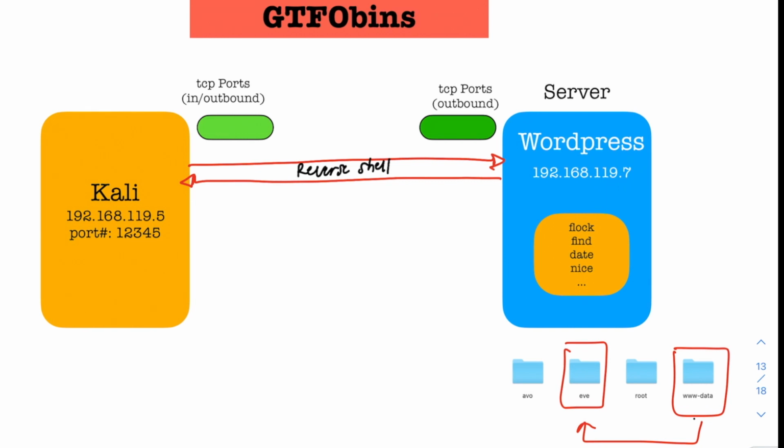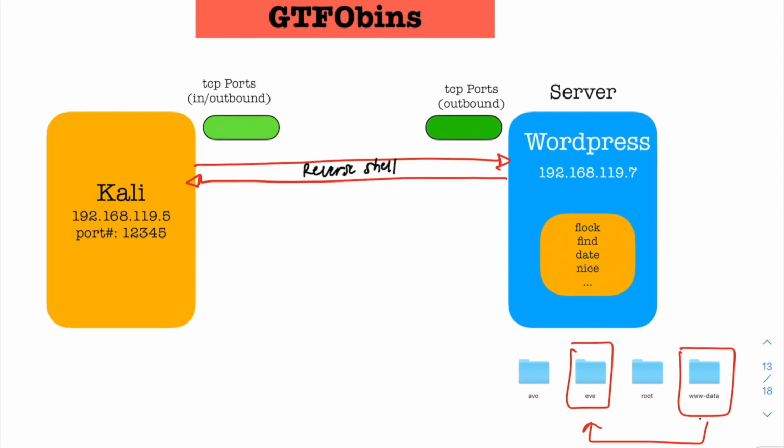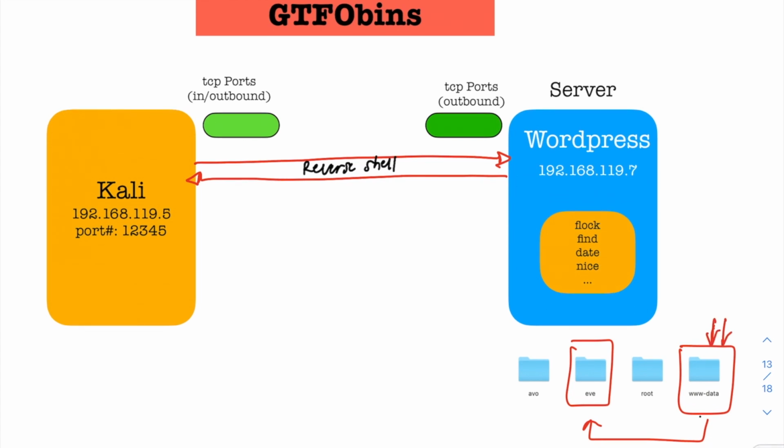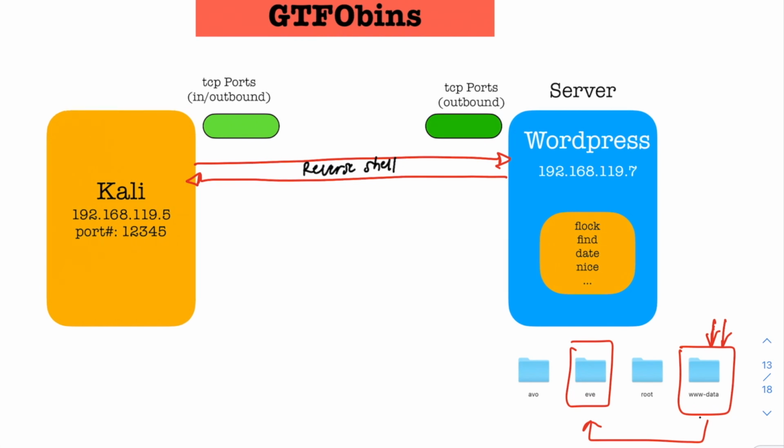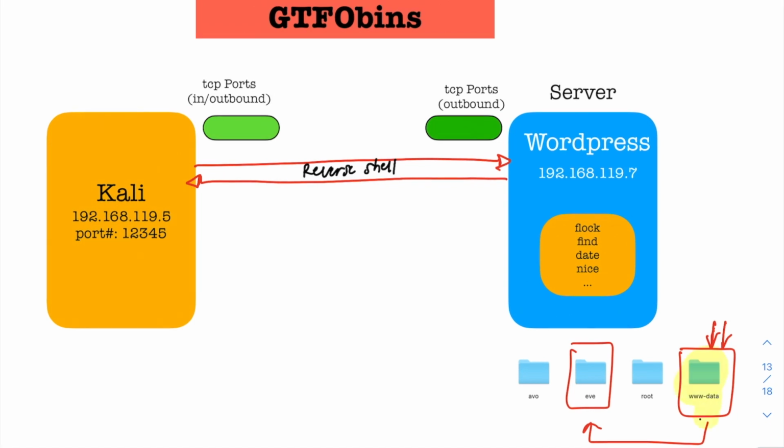From here onwards, once we bind the reverse shell, we can now use our Kali box to gain access to the WordPress server. Initially, when we first get in, we will be logged in as www-data, which is quite common for any web server. Now, we are going to find some possible GTFOBins exploit that is currently found on the server so that we can escalate from www-data into the if user.